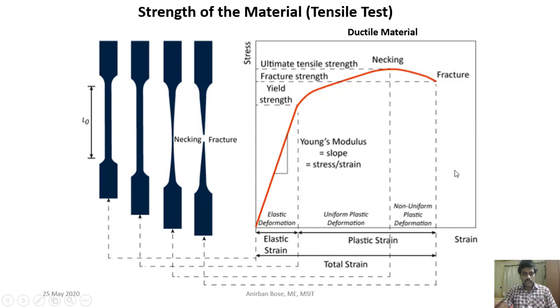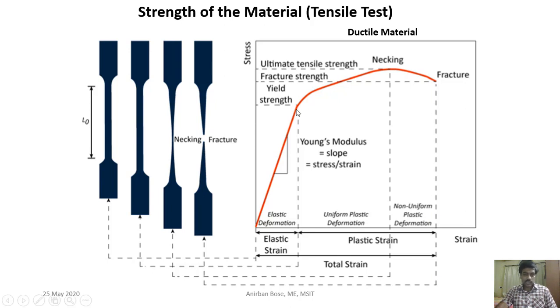In the case of typically low carbon steel or mild steel, you can find a definite yield point, but in the case of ductile materials like aluminum or other materials, you do not find such a specific yield point.